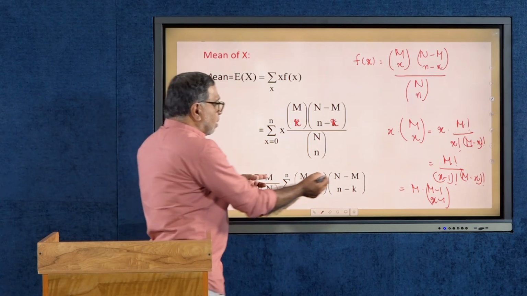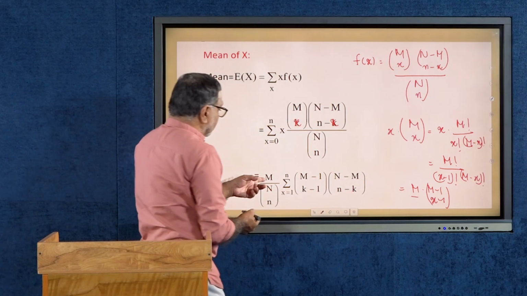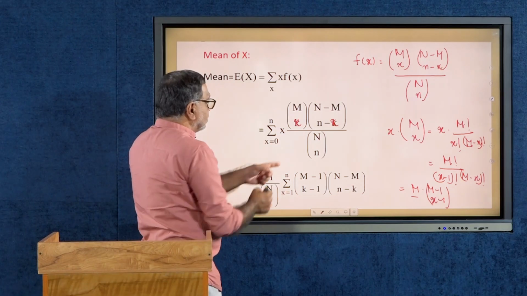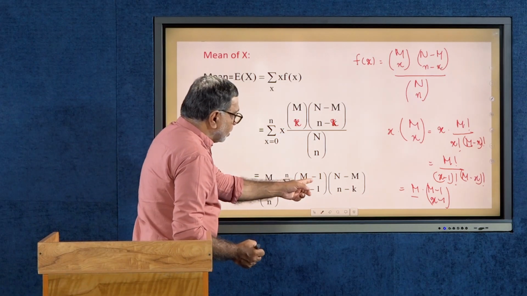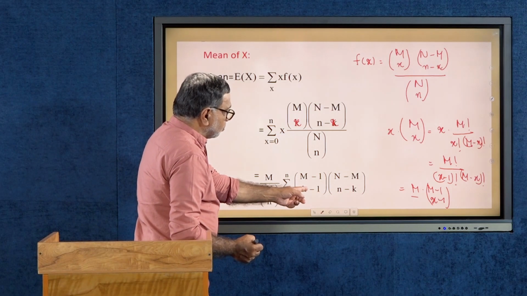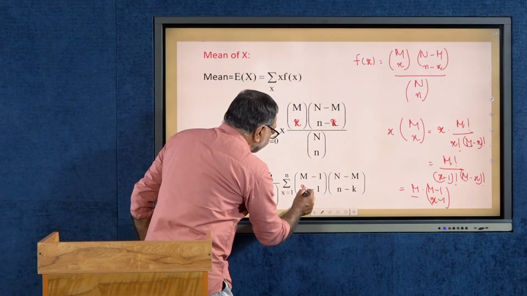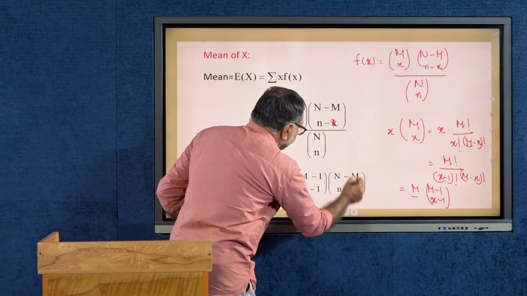So that m is taken outside: m divided by NCn, times (m minus 1)C(x minus 1) times (N minus m)C(n minus x).